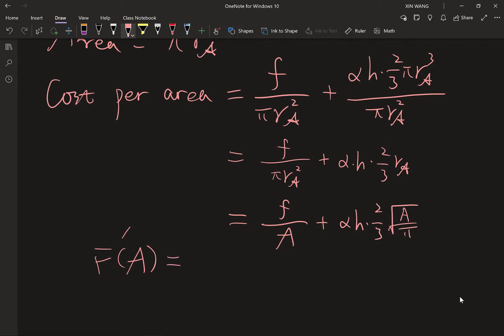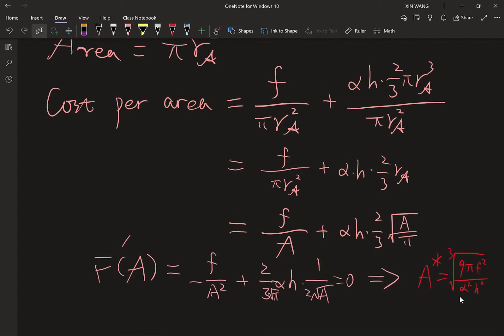We take the derivative, and with the first order condition, we can derive the optimum surface area for each facility, A star. This is very intuitive. As the fixed cost increases, the surface area will increase because we want to build fewer facilities. And when the demand or the transportation cost increases, we will have a smaller surface area. That means we need to build more facilities.